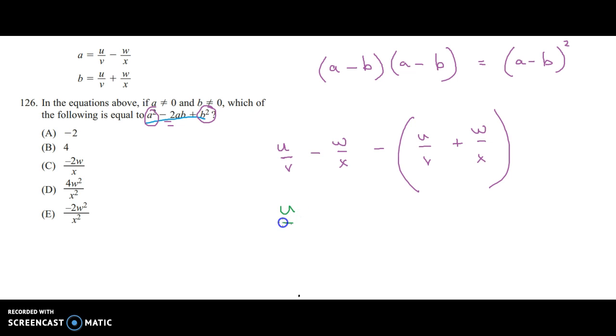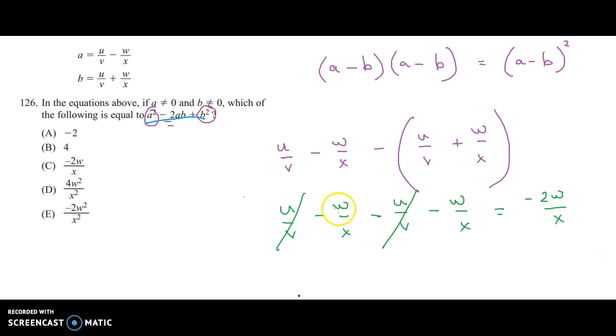So that gets us to u over v minus w over x minus u over v minus w over x. Okay, so let's see. We can clean this up. The u over v terms cancel out, and we're left with negative 2 of these, so it's negative 2w over x.